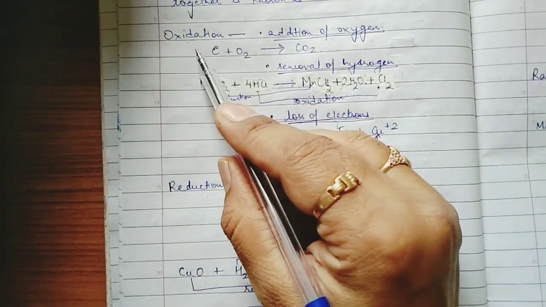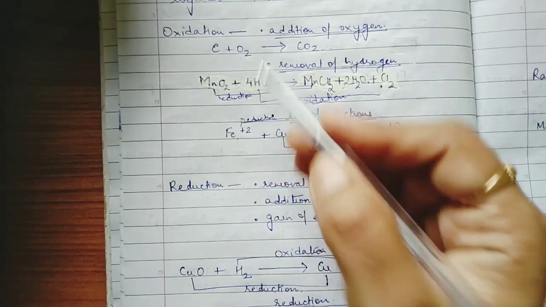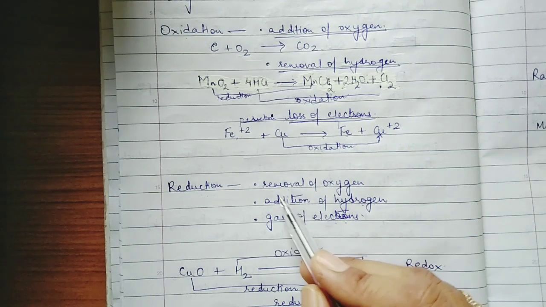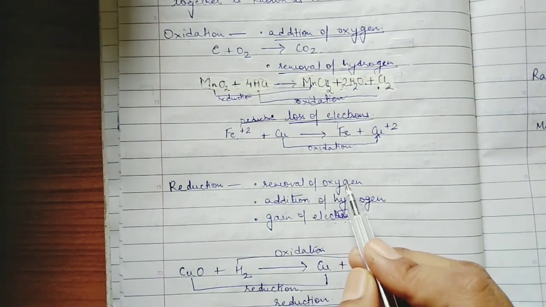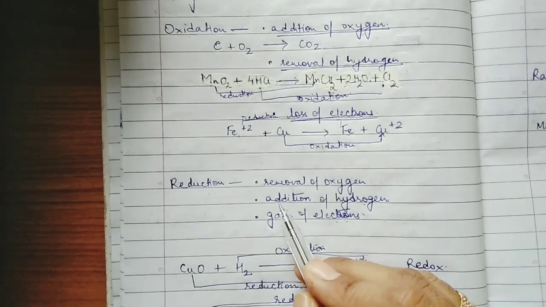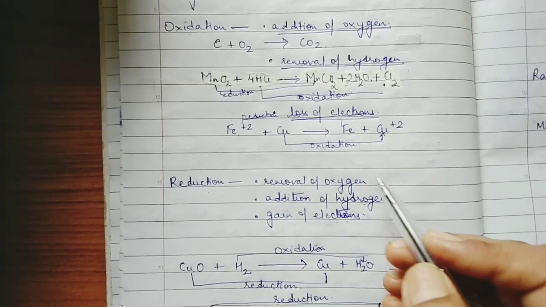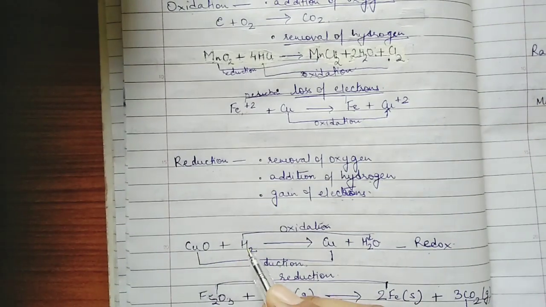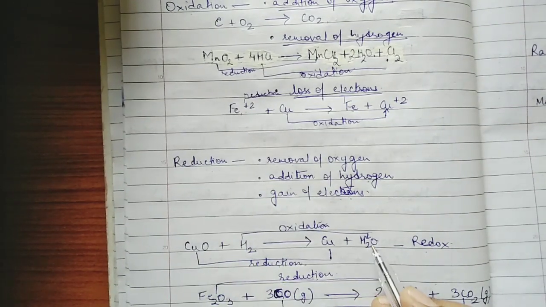A reduction reaction is the opposite of an oxidation reaction. Addition of oxygen was oxidation; here we find removal of oxygen is a reduction reaction, or addition of hydrogen. See this reaction now: CuO plus H2 gives Cu plus H2O.